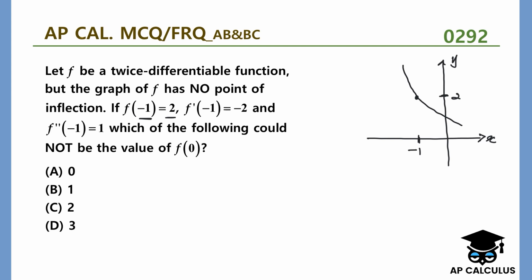So let's say this is f of x, and here we have a tangent line like that. The slope of this tangent line is negative 2. Okay, when function f is concave up, the tangent line always underestimates the function f of x, right? This linear approximation always underestimates. Okay, what if f is concave down like this?